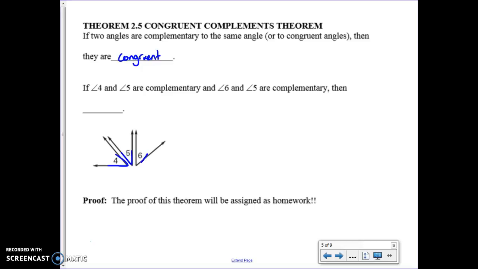And angle 6 and angle 5 add up to 90 degrees. Then we know that angle 4 is congruent to angle 6. We take angle 5 out of there. This proof is going to be assigned as homework. So, using that congruent supplements theorem or that proof is probably going to help you out on this proof that'll be on your homework.